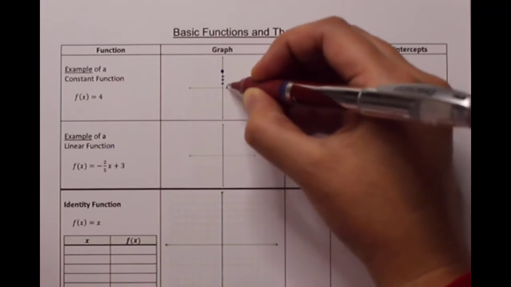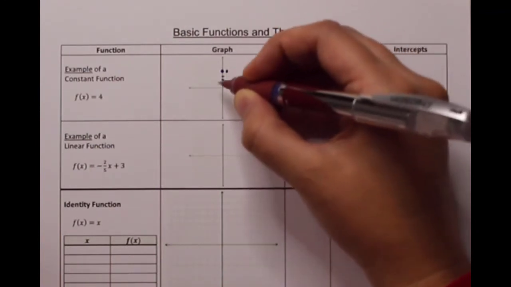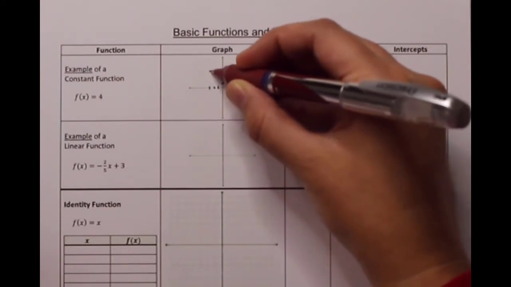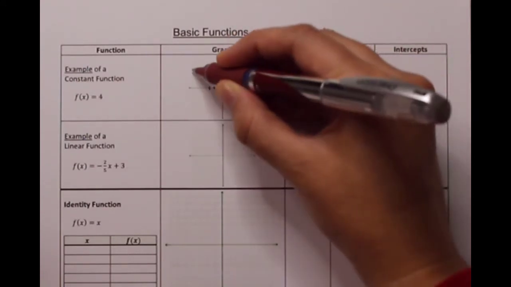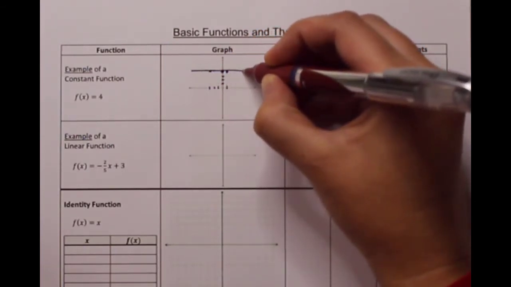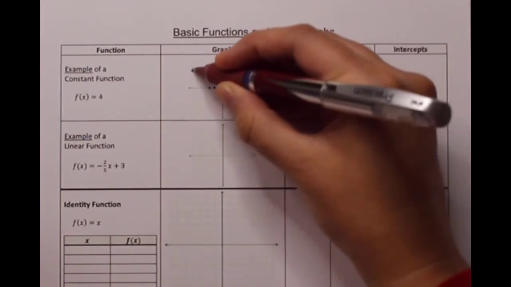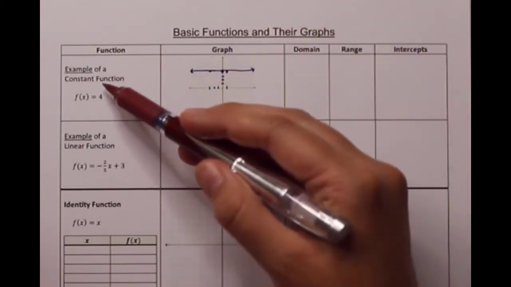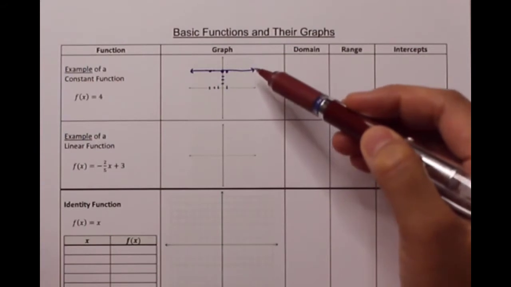When x is 1, y is 4. When x is negative 3, y is 4, and so on. So every point on this graph would be on this horizontal line. A constant function has a graph that is a horizontal line.